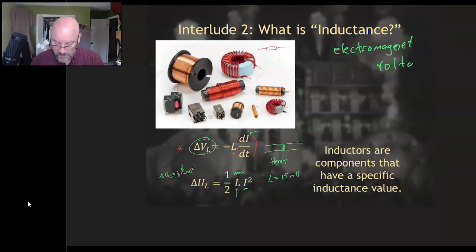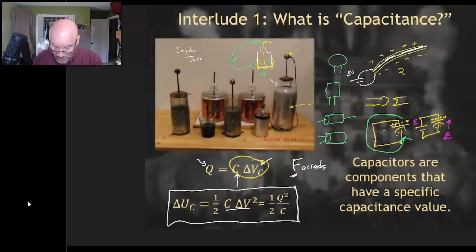So that's going to try and create a voltage. That's the property of inductance, and an inductor has a specific amount of that inductance. Like a resistor resists: it has the property of resistance to current, but the resistor itself has a particular amount of that resistance. We could say the same thing with capacitors.